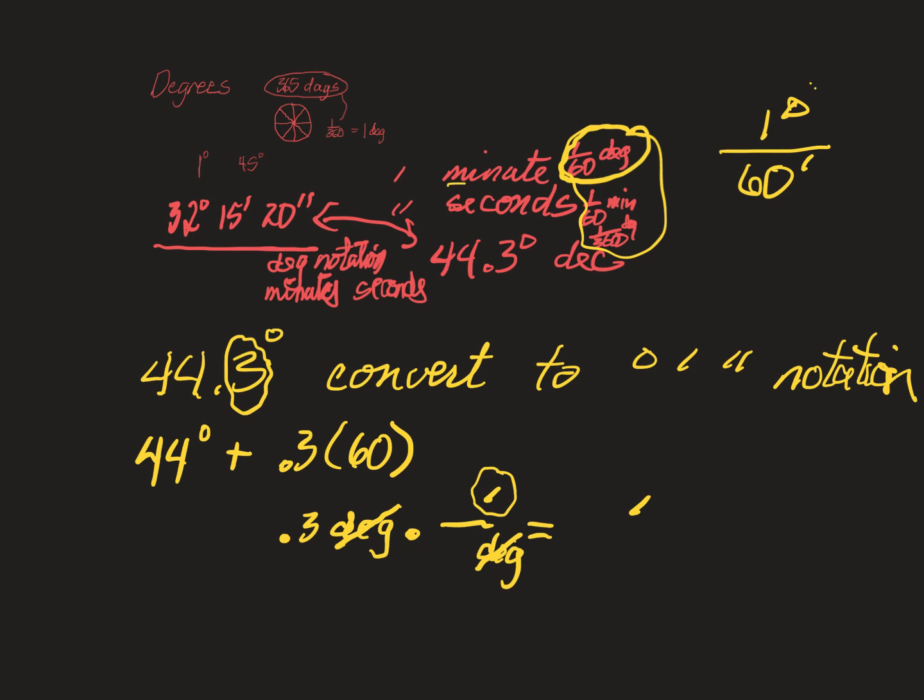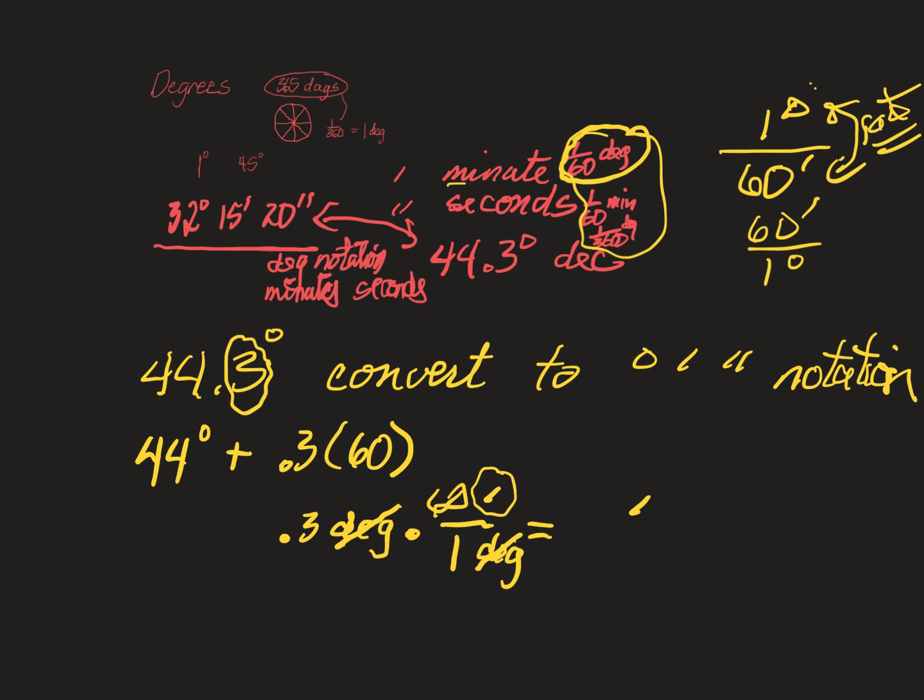When I say 1 minute is 1/60th of a degree, these are equal, so we can put them together as a fraction, and that fraction we call a rate. And this rate, you can take the reciprocal of it as well. You can put 60 minutes over 1 degree. That's why we multiply by 60 minutes over 1 degree, or why we multiply by 60.